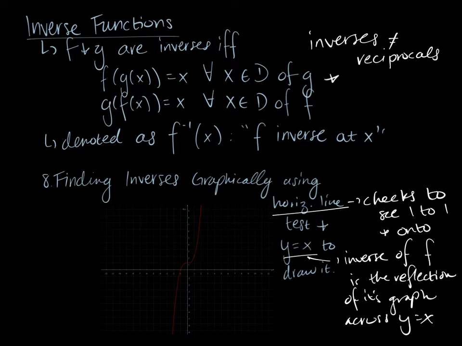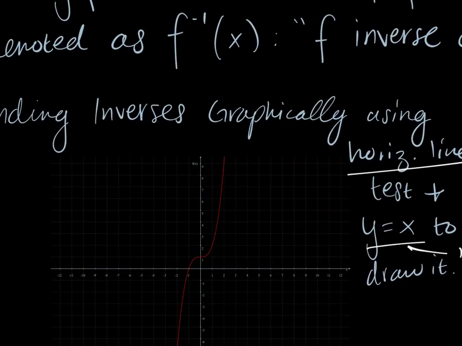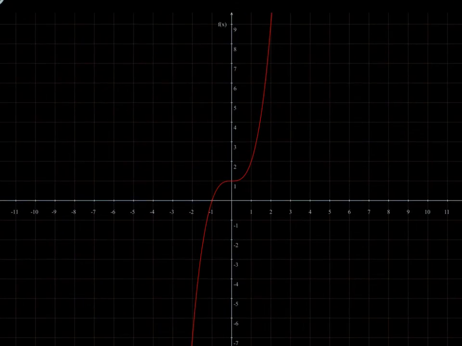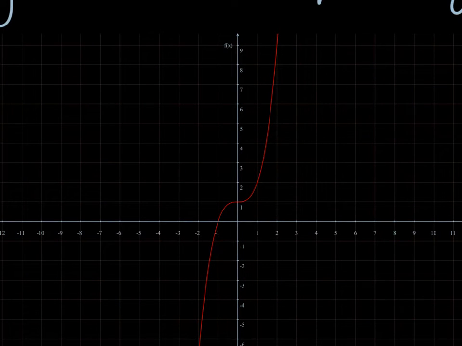We can just draw y equals x and then reflect the graph we're given across that line. So let's go ahead and look at the graph of number 8. It looks like this, okay? So first thing I'm going to do is I'm going to draw y equals x so I can flip it pretty easily.